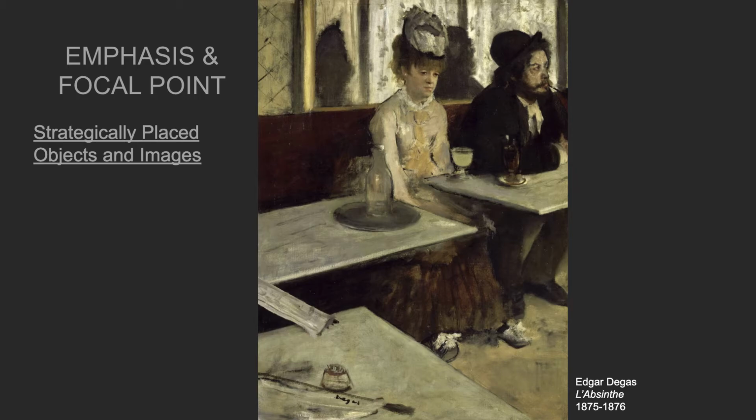And not only do you get drunk, but you start to hallucinate. The legal absinthe now in the United States doesn't have the hallucinogenic quality to it. But anyway, this woman would be out of her mind. I think that the artist is really bringing attention to this relationship, and that's the focal point.